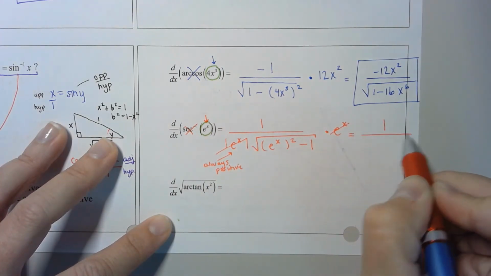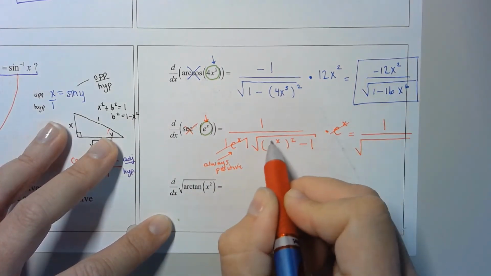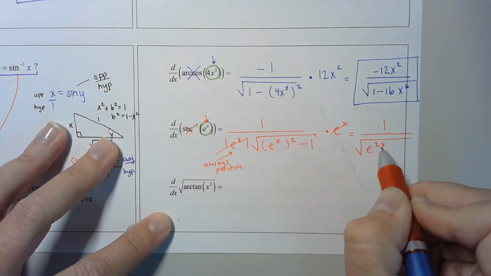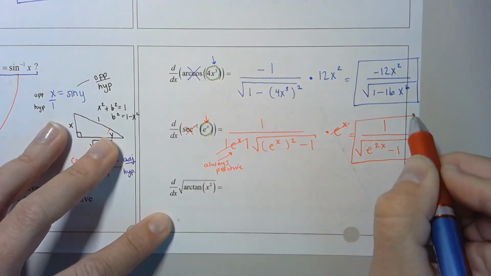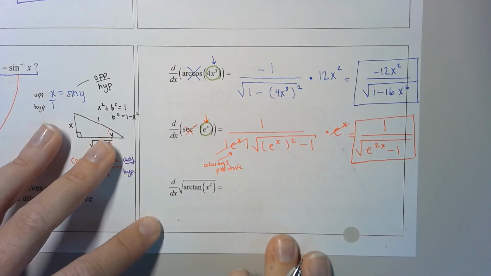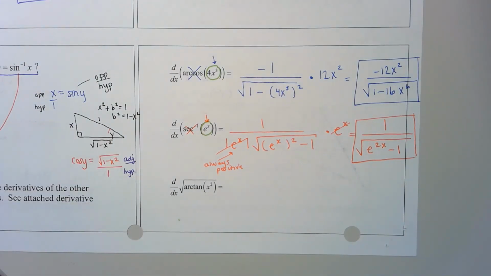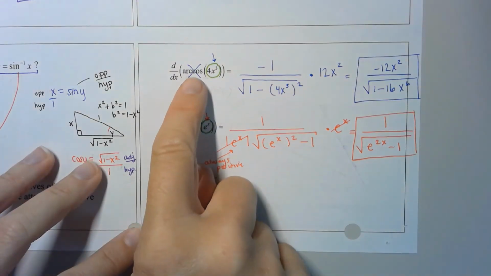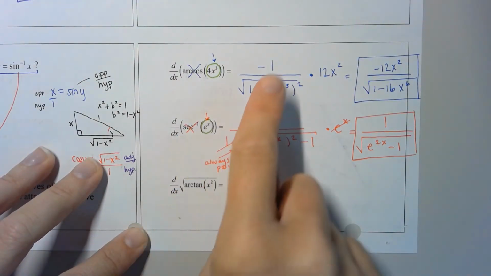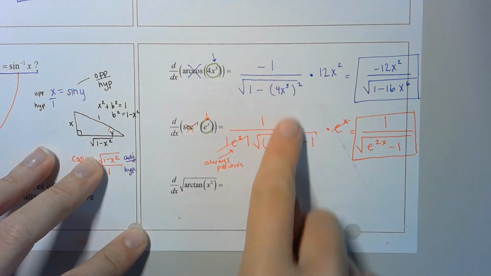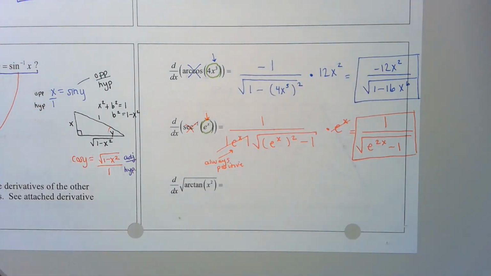So I'm left with 1 over the square root of, let's multiply my exponents to get e to the 2x, minus 1. What we love, and I know you're probably disagreeing with me, but what we love about these is that the derivative of inverse trig has nothing to do with trig. There's no trig in there. And that's kind of nice.